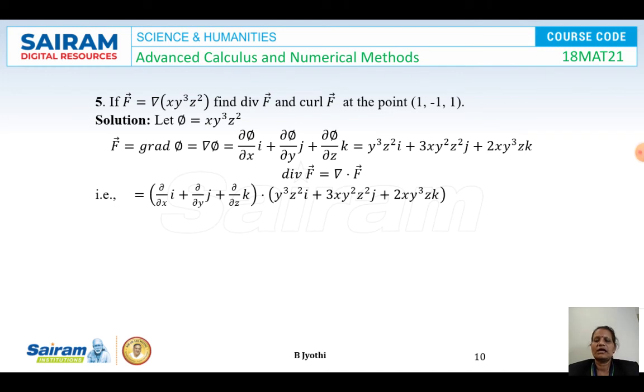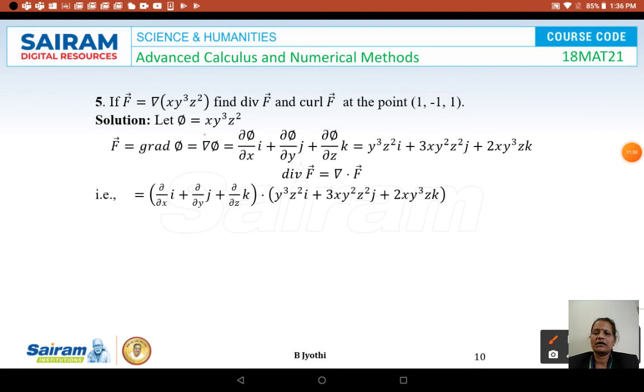Next problem. If f is equal to del of (x y³ z²), then find div f and curl f at the point (1, −1, 1). So let us consider phi as x y³ z², and we will consider the grad phi formula, that is dou phi by dou x, dou phi by dou y, dou phi by dou z.